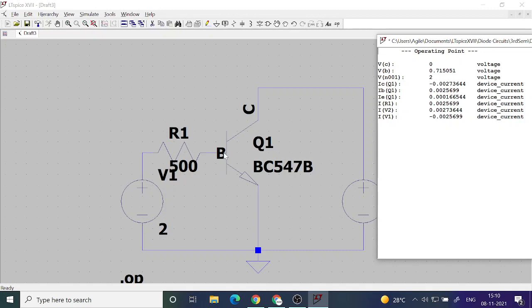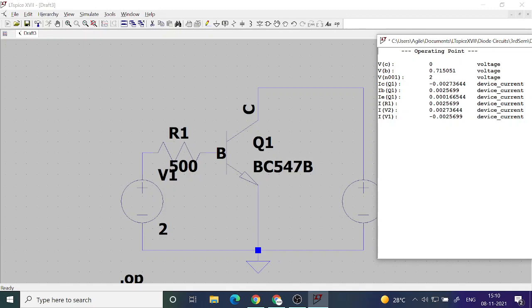The voltage on the base is 0.71. Okay, it's 0.71. Why? Because it's a forward bias diode. You can't increase the voltage so much, and to protect that forward bias junction, we are putting a series resistance, 500 ohm.